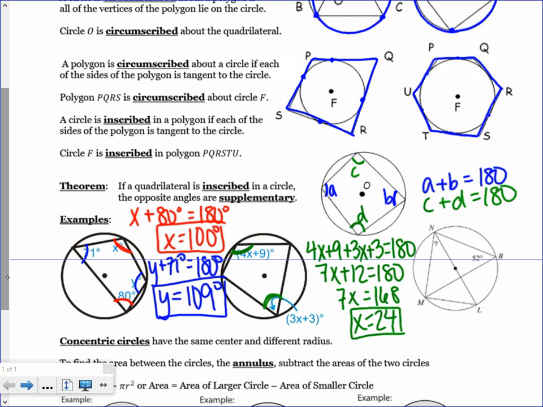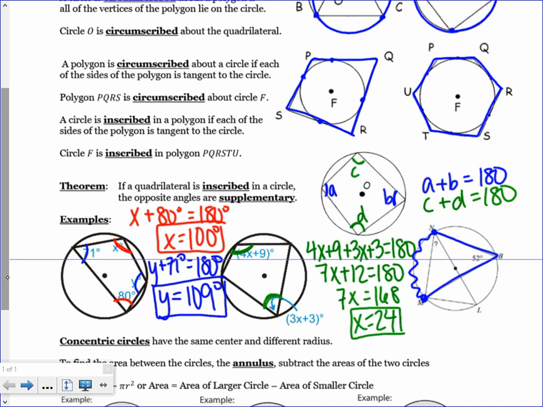This last figure that I have isn't related to this theorem exactly, but I wanted to go over it just because I felt like this was something that we didn't touch on in any of the other circle concepts that we've talked about over the last few days. So if you look, this angle B is 52 degrees, and it goes from N to B to M. So it has this as its intercepted arc.